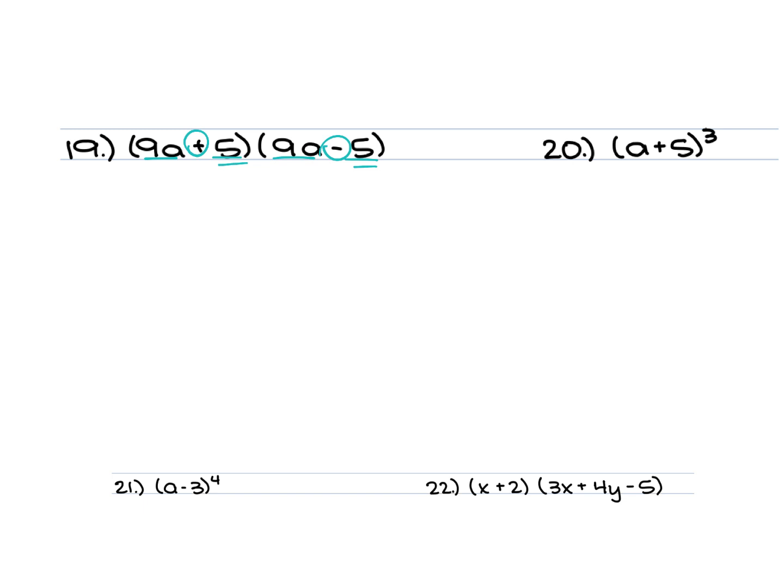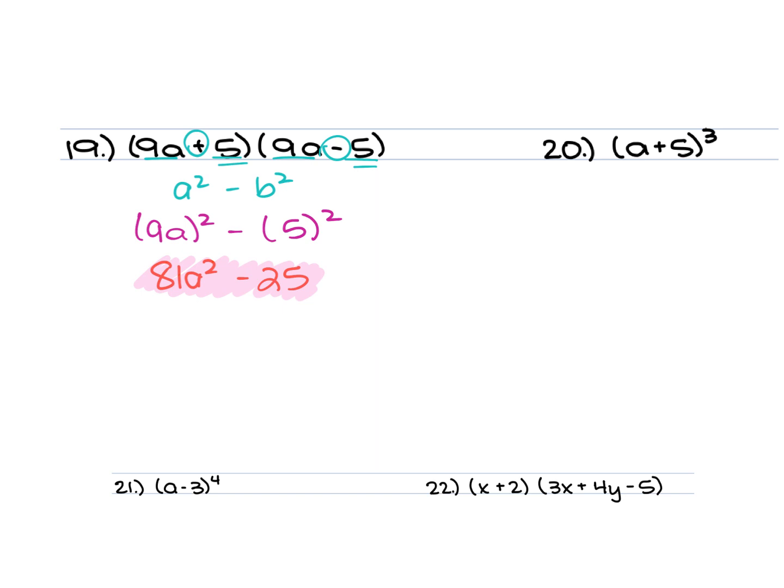If you didn't want to and you realize that your A's are the same in both sets of parentheses, your B's are the same in both parentheses, and they're separated by opposite signs, you can use A squared minus B squared. So this is going to be 9a squared minus 5 squared, which is 81a squared minus 25.